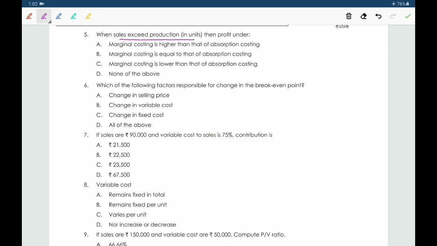B, marginal costing is equal to that of absorption costing. C, marginal costing is lower than that of absorption costing. D, none of the above. So the answer is A. When sales exceed production units, then profit under marginal costing is higher than that of absorption costing, because in marginal costing stock is valued at variable cost.